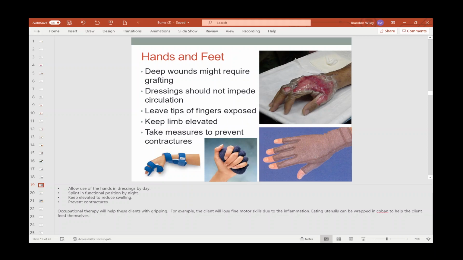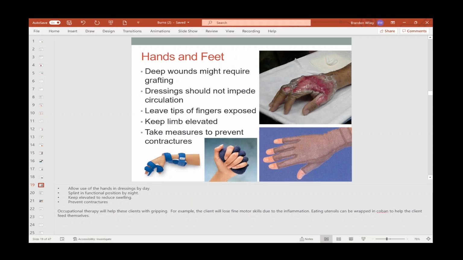So let's talk about assessment. We kind of talked about it already with our face and that sort of thing. So the face and the neck are important as far as trying to make sure that they have adequate airway and breathing. And then the corneal abrasions. Now, if you burn your chest and you burn a good part of your chest, it's still an issue with expansion.